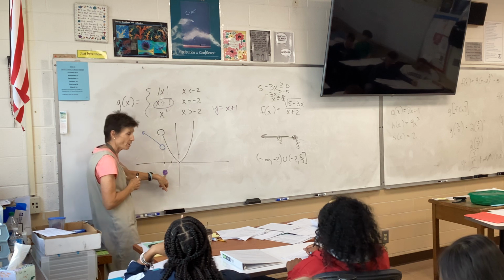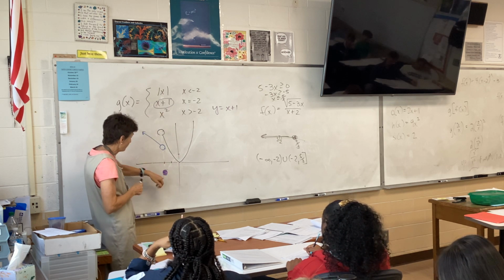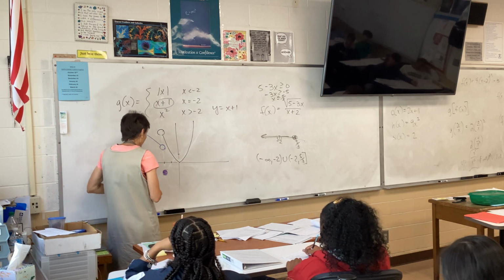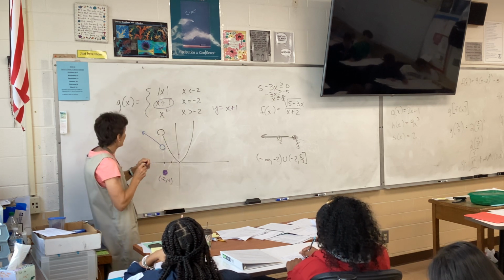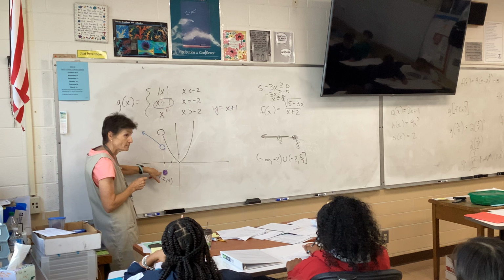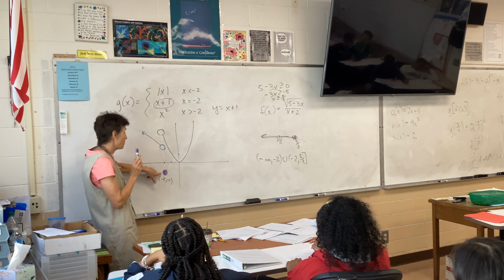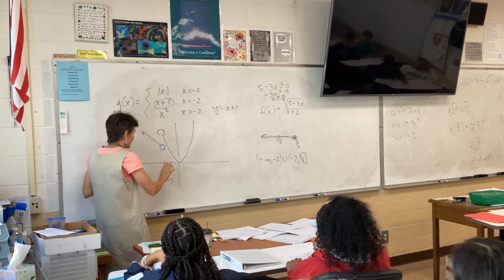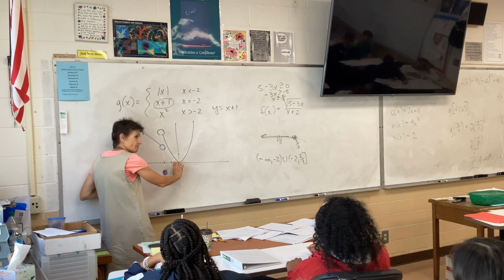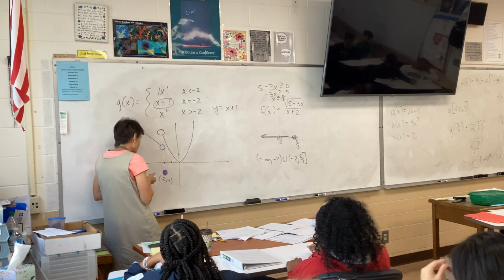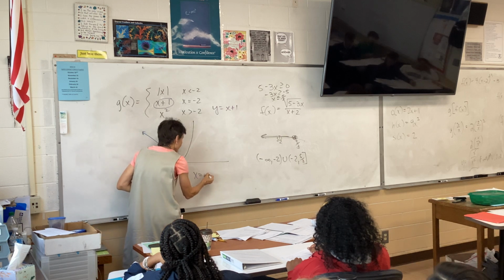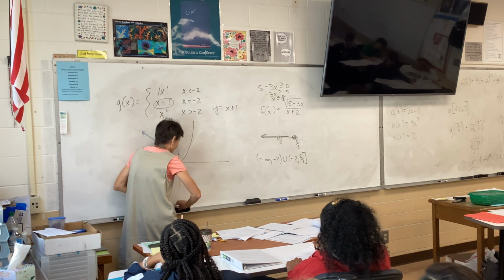Well, the lowest point on the picture is this purple dot, and that purple dot is -2, -1. Right, if I put in -2, I get -1, that's that purple dot. The problem is, there's a gap in here, you see it? So when I write my range, I have to include the -1, not x, y.